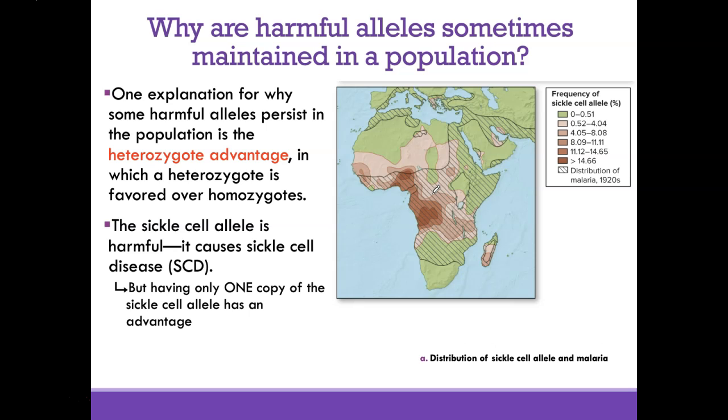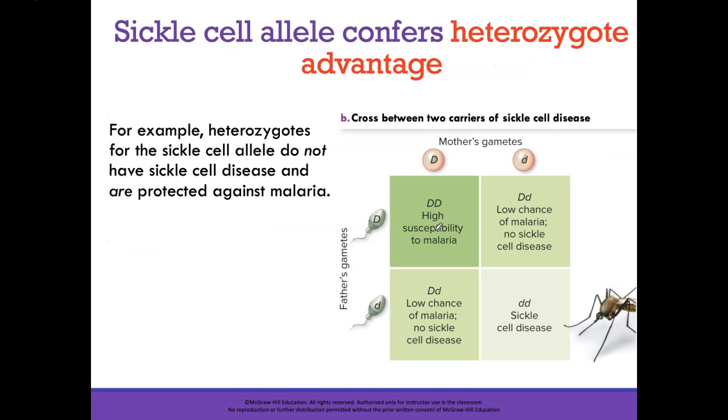But if two of those heterozygotes have a child, there's a 25% chance that they're going to have a child with sickle cell disease. So this is what explains the prevalence of sickle cell disease in certain parts of Africa. Again, heterozygotes have low chance of malaria and no sickle cell disease.